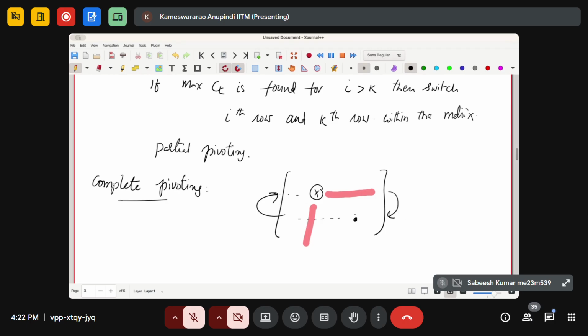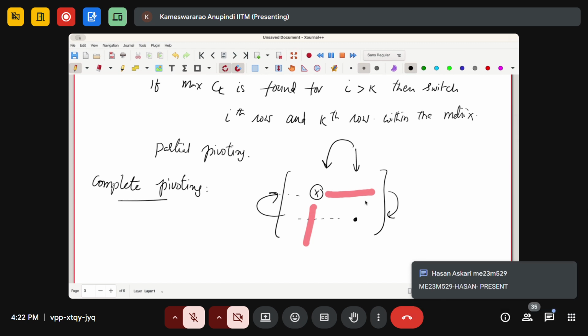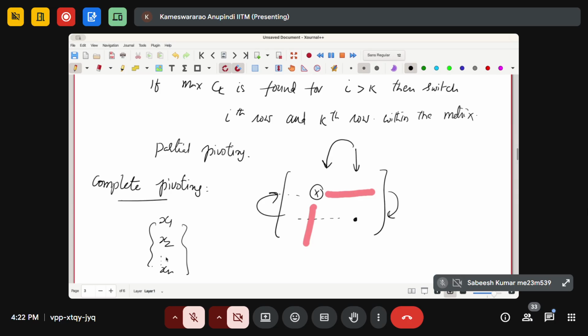Then the largest element will come somewhere here, and then I'm going to exchange this column for this column. Okay, but when we exchange the columns, we have to be careful, because exchanging rows is fine, because as long as you exchange your rows, the order of the unknowns remains the same. You have x1, x2 all the way to xn. Whereas when you exchange columns, you're changing the order of the unknowns.